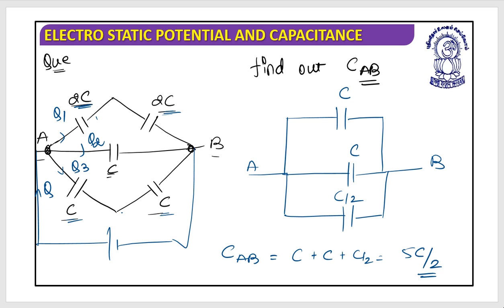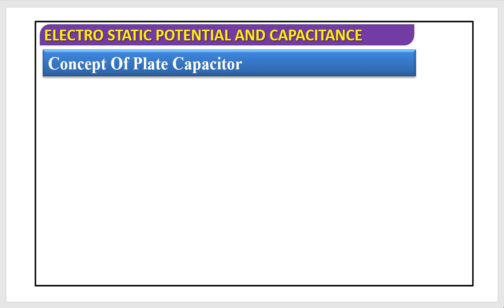No? So shall we move to the next concept or next pattern? Are you sure? Let's move on then. Next, what we need to find out is the concept of plate capacitors. What are plate configurations?